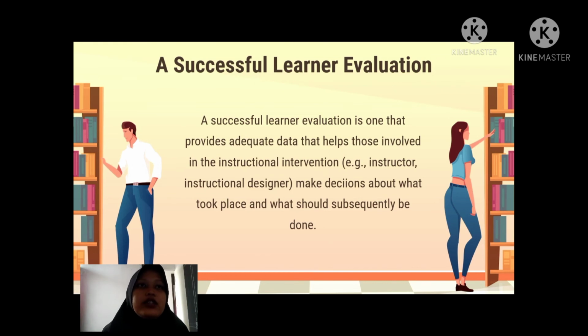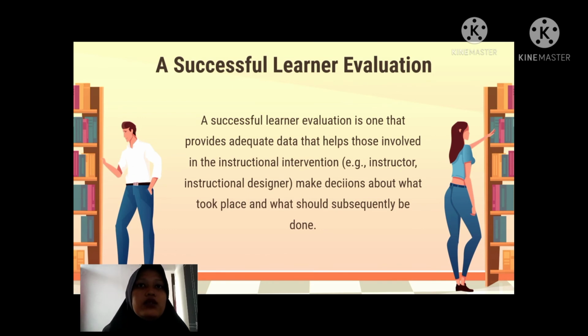A successful learner evaluation is one that provides adequate data that helps those involved in the instructional intervention make decisions about what took place and what should subsequently be done.